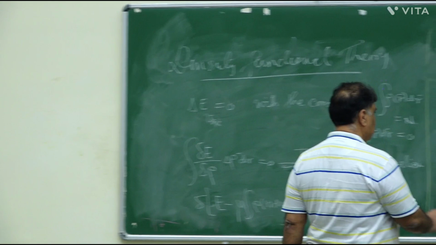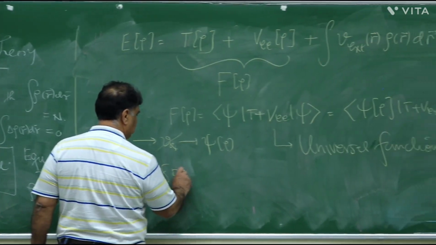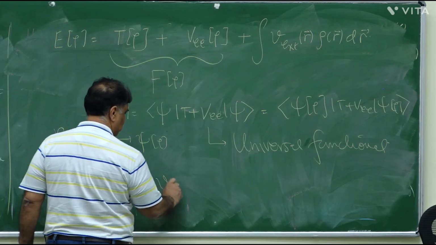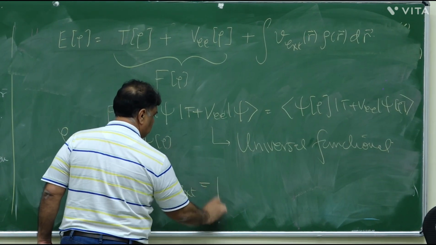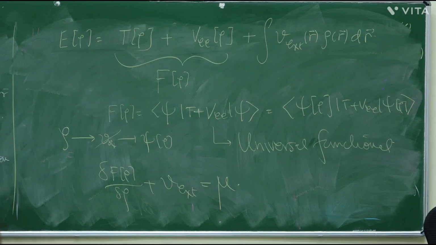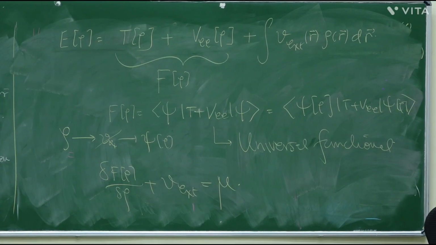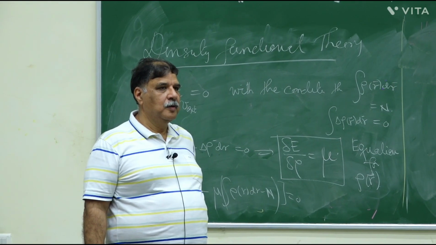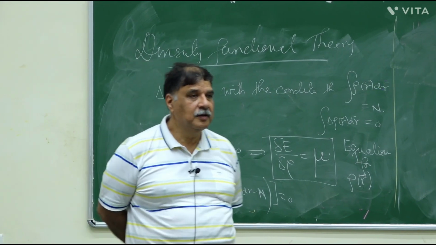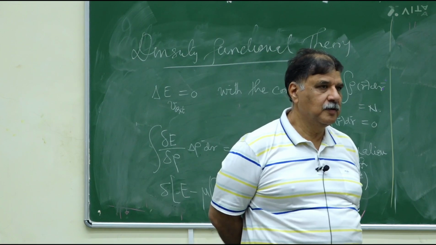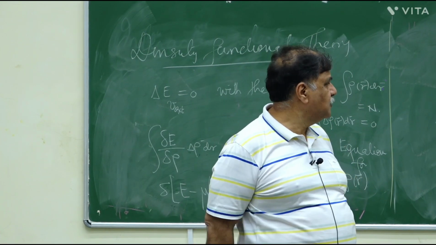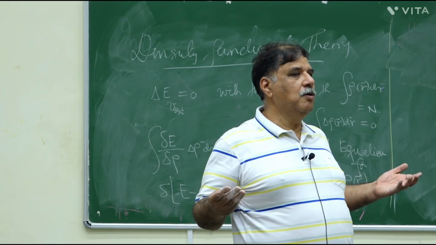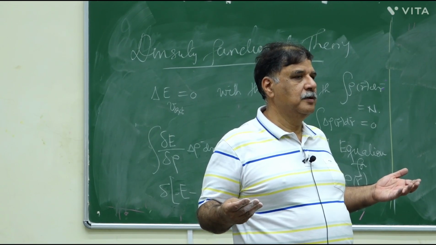So, my equation becomes delta F[rho] over delta rho plus V external is equal to mu. This is universal. V external could be anything. It's a map, given a rho.